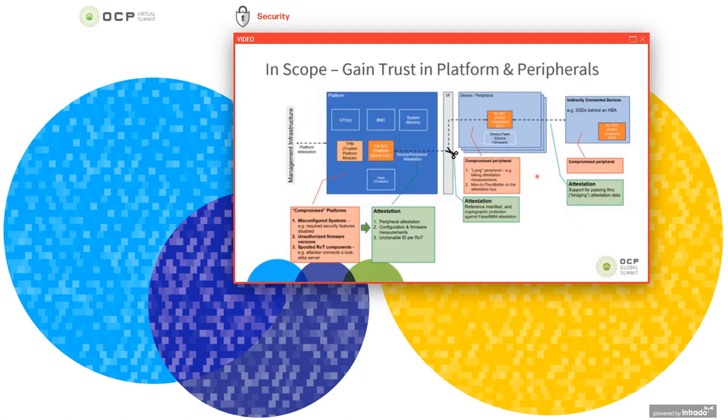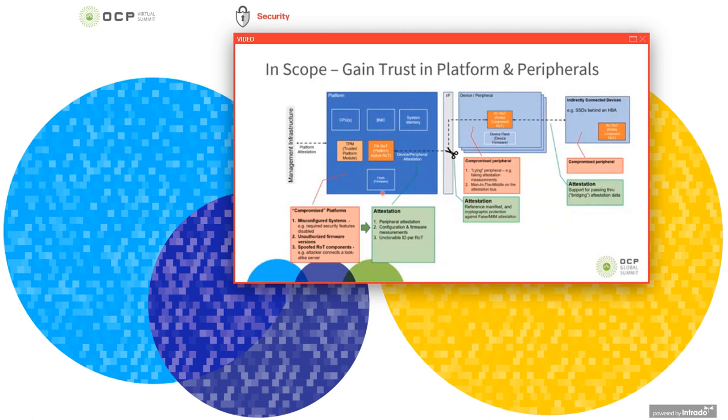We actually opted to go for a flat model where the system just knows the identity of all of the devices. And that means that devices like, let's say, an HBA card need to act as bridges and basically pass attestation data from indirect devices like the SSD all the way to the RoT. But again, it's basically all the same thing.